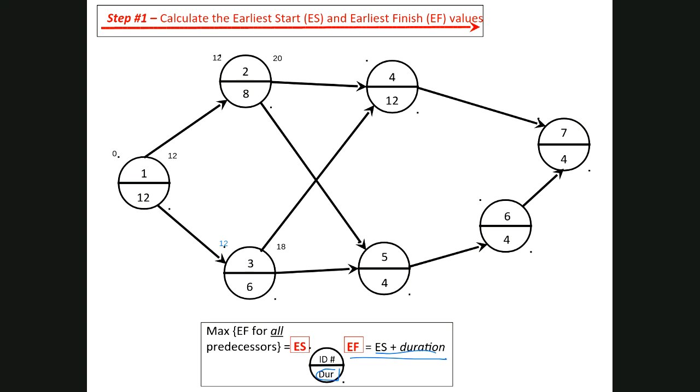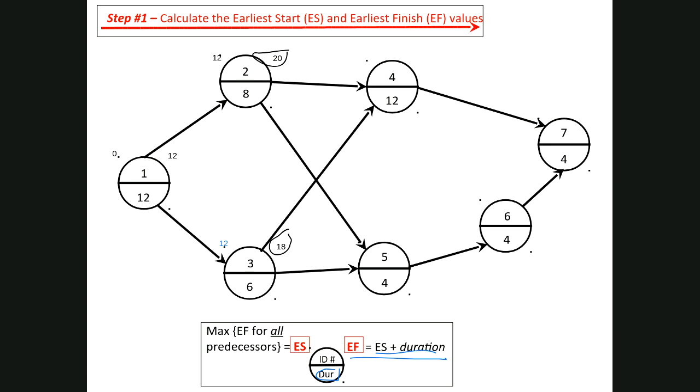The question you need to ask is, when can task 4 start? Well, there are 2 alternatives for task 4. One alternative is when task 2 finishes, because it precedes task 4. So task 4 can start at time 20, but it's also preceded by task 3. So the question becomes, when can it start?